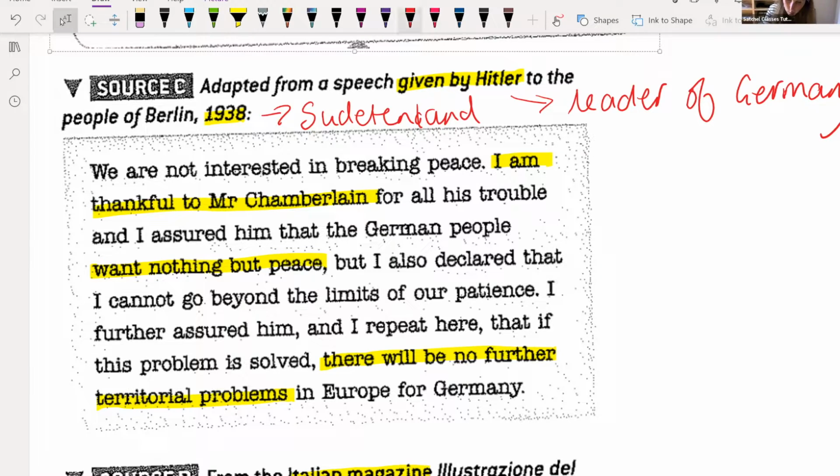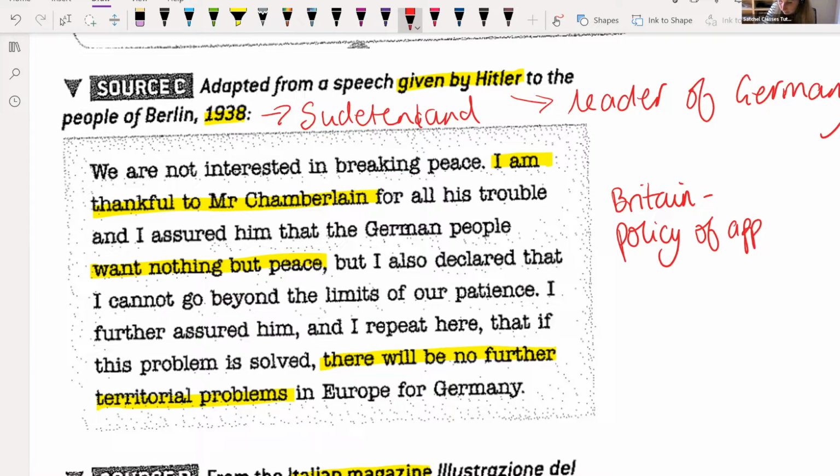So here we know that Britain had adopted a policy of appeasement. Okay, they wanted to avoid war. So here, that's a really nice quote that you can use there. I cannot go beyond the limits of our patience.